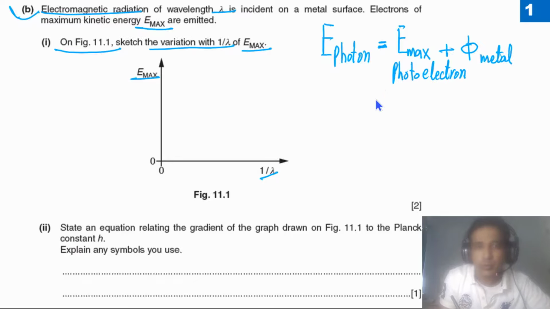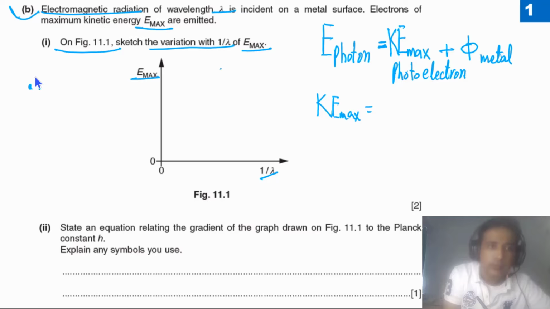Now simply we need to rearrange this one. So this is KEmax, so don't get confused with this one. This is kinetic energy maximum. So if we rearrange this one, we can say KEmax in this case is equal to energy of photon. Energy of photon, we can say this is equal to h times f, or simply we can say this is equal to hc over lambda.